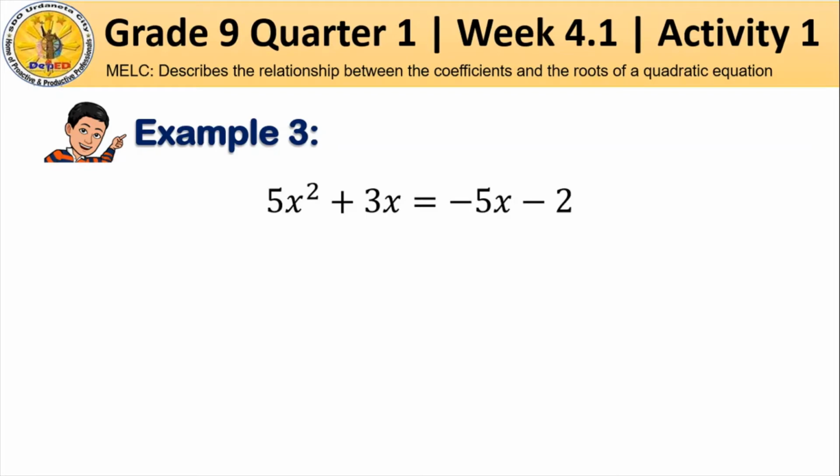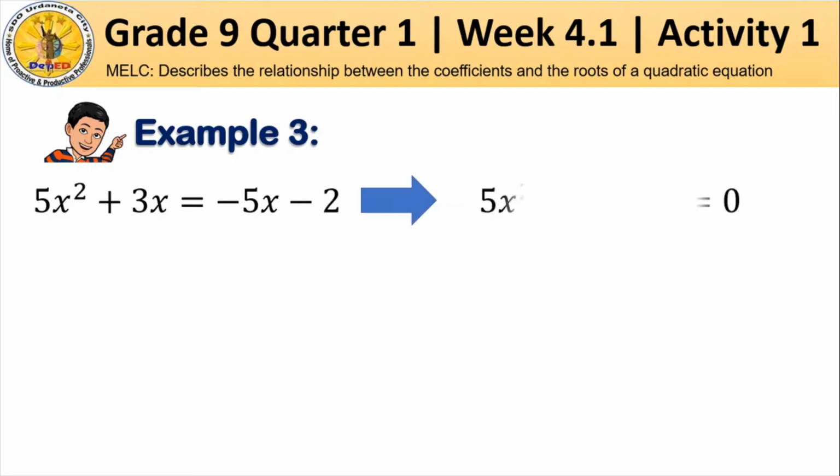Next example. 5x squared plus 3x is equal to negative 5x minus 2. Before we determine the sum of the roots of this equation, we need to transform it first into its standard form. This can be rewritten as 5x squared plus 8x plus 2 is equal to 0. Based on this, let's identify the value of a, b, and c.